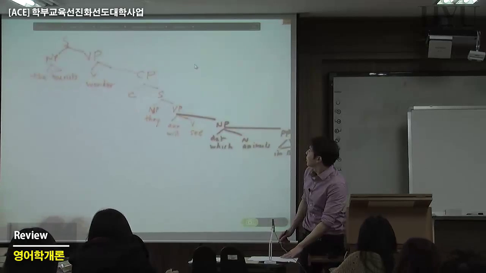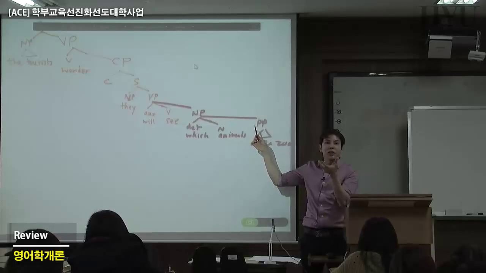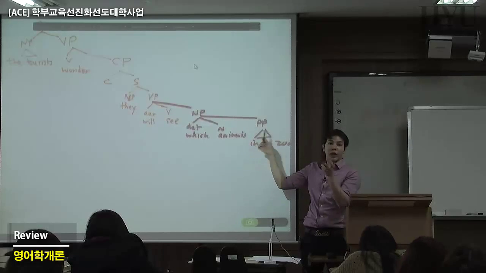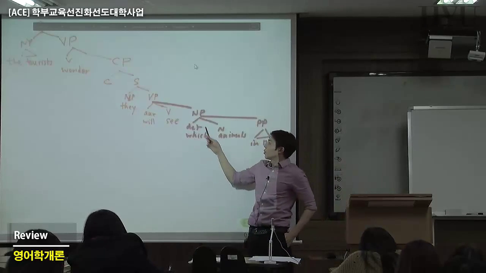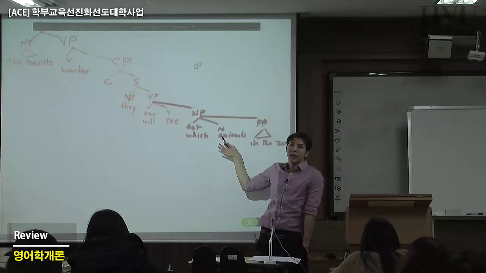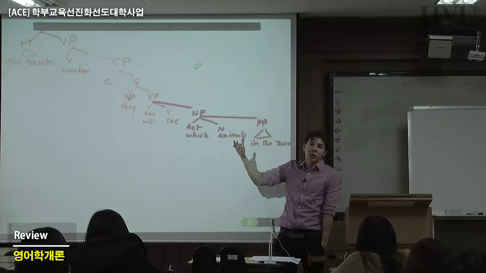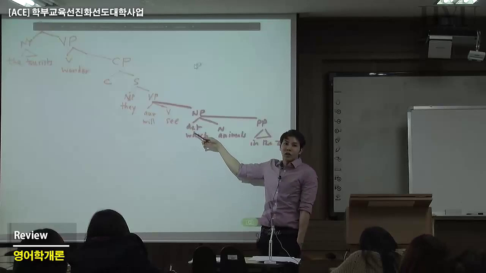The whole thing is a noun phrase: which animals in the zoo, with the word which as the determiner. Which is the determiner because it determines the noun, like which person did you see? The red one, the tall one, the short one. So which is a determiner for sure.